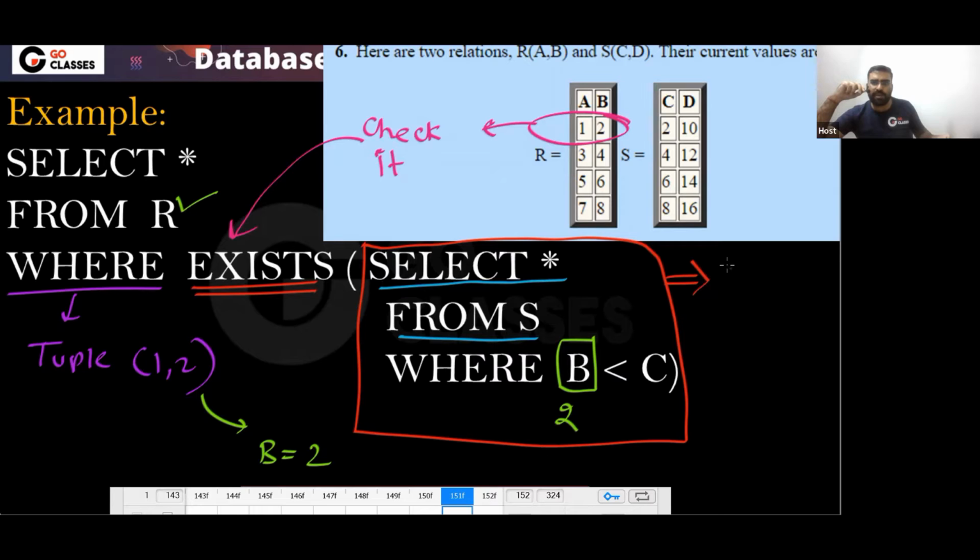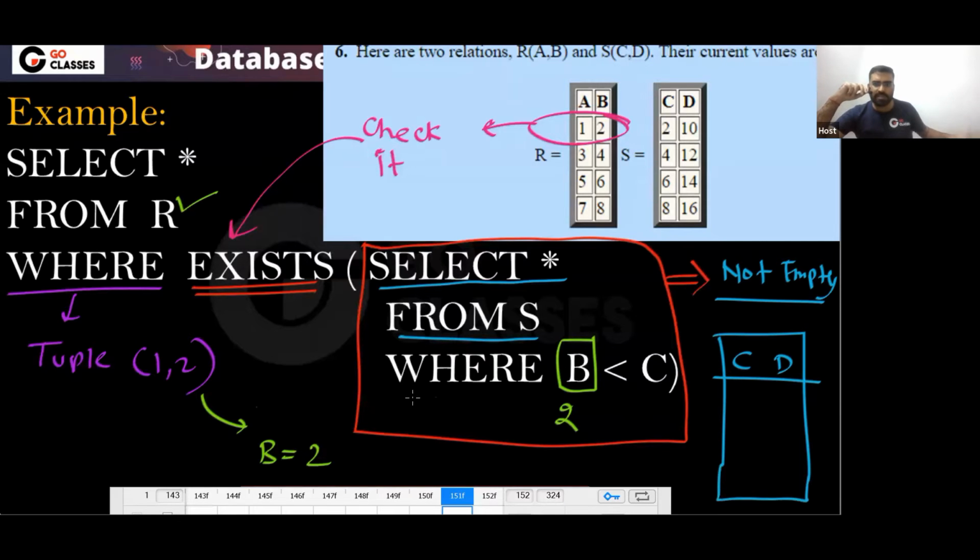So this is definitely not empty. Actually, your output will be this, wherever C is greater than 2.